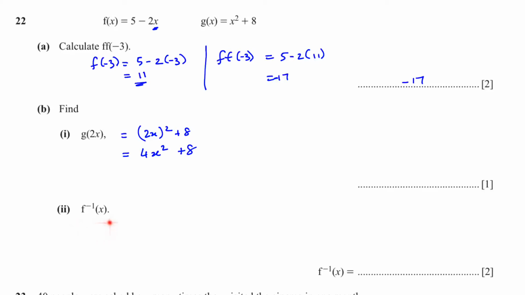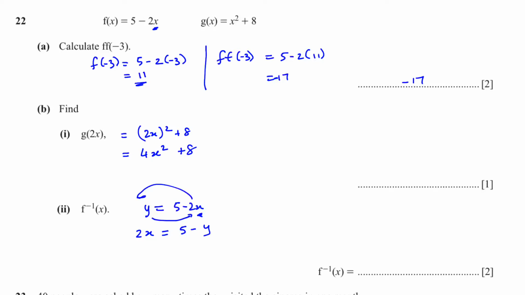In the next part, we have to find the inverse. When you want to find the inverse, write it down, but replace f of x with y. Y is equal to 5 minus 2x, and you have to make x the subject. Whatever subject you have to make, that variable should be positive. So we brought the negative 2x here, it became positive.